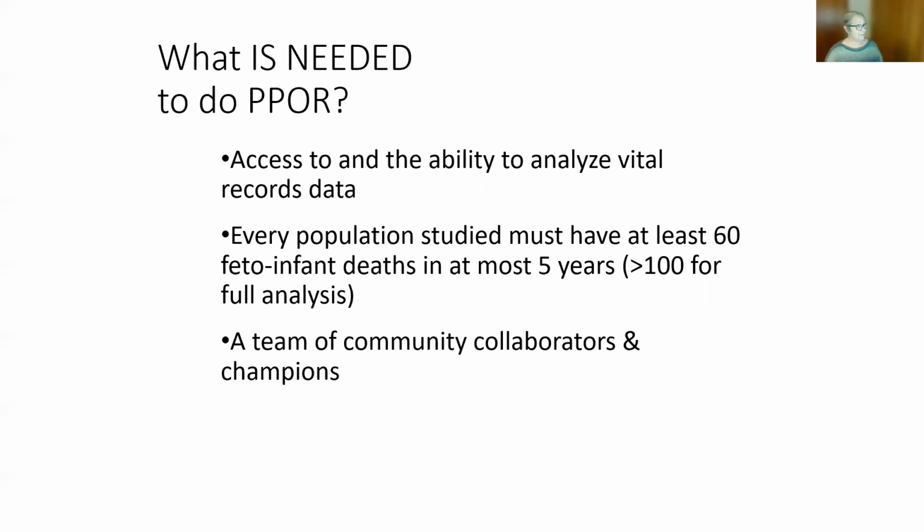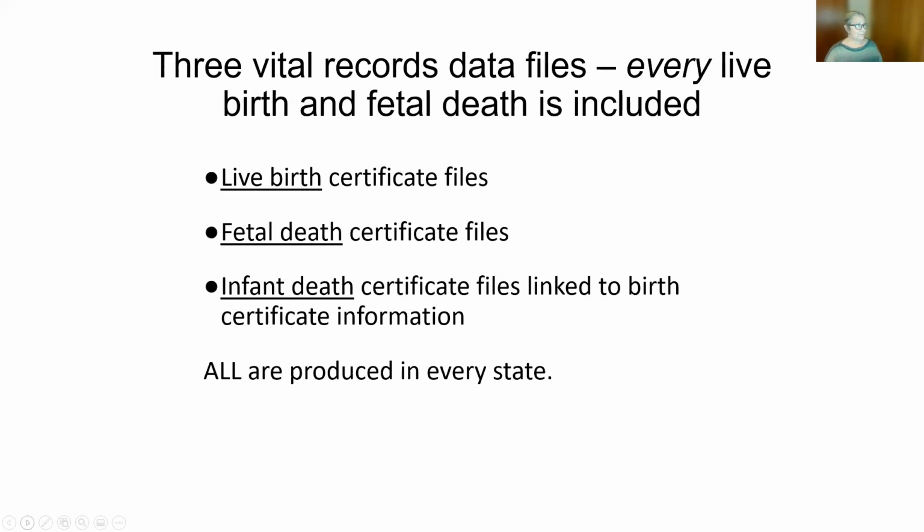So if you're in a very small community, you may not have that many deaths, and that's okay. You can still look at some quantitative data, but it won't be exactly PPOR. And you can combine years up to 5 years, we recommend. You also need that team of community collaborators and champions to make this data used.